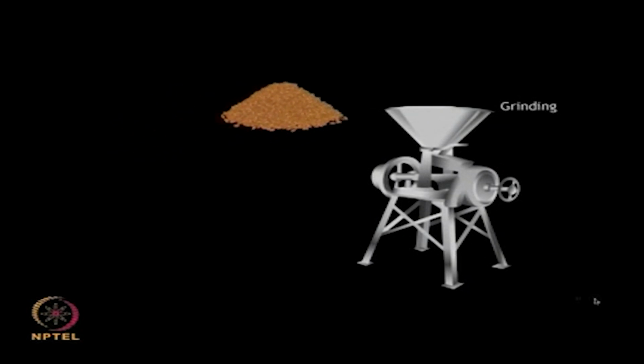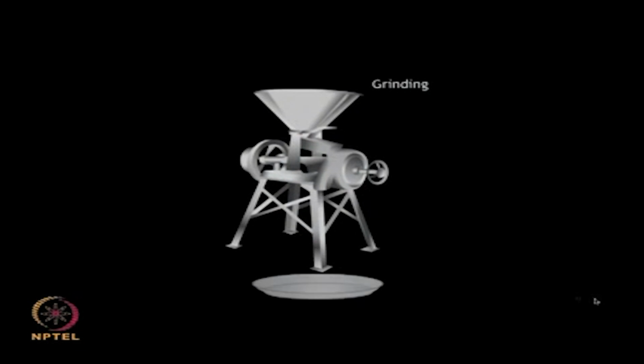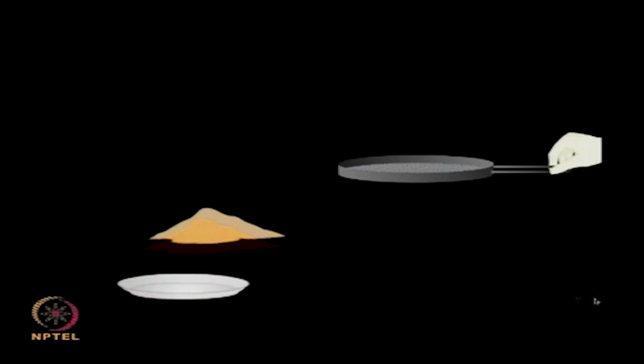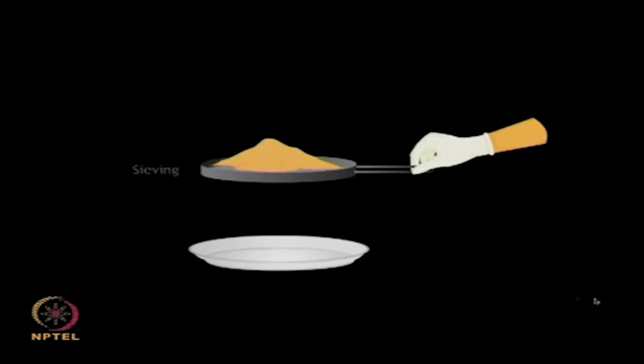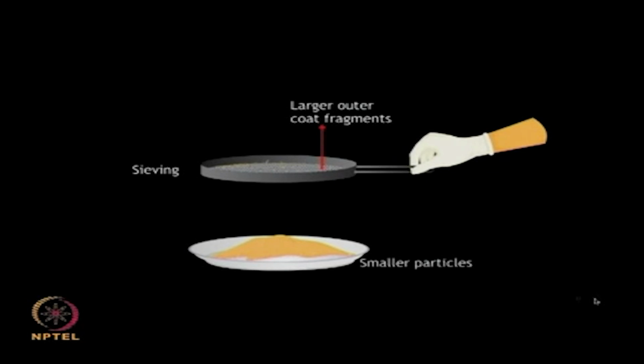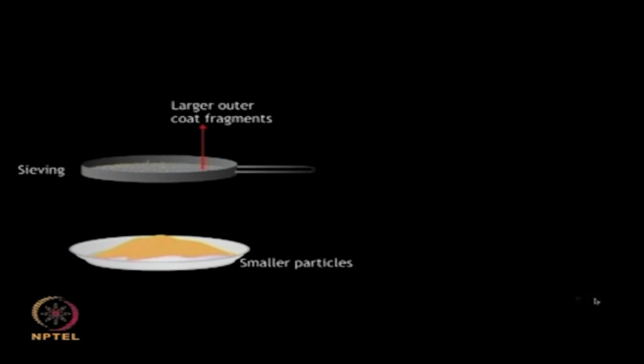The seeds are grinded and then sieved to remove their outer coating fragments. Once the grinding is finished, the embryos and other small particles are floated in organic solvents such as cyclohexane.